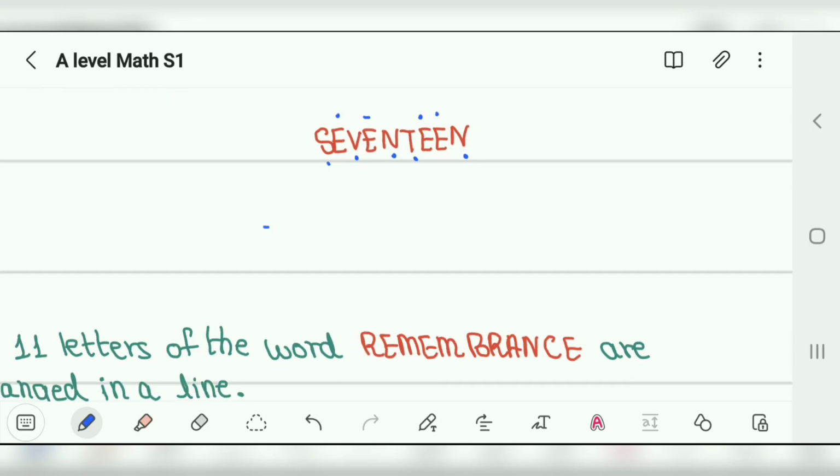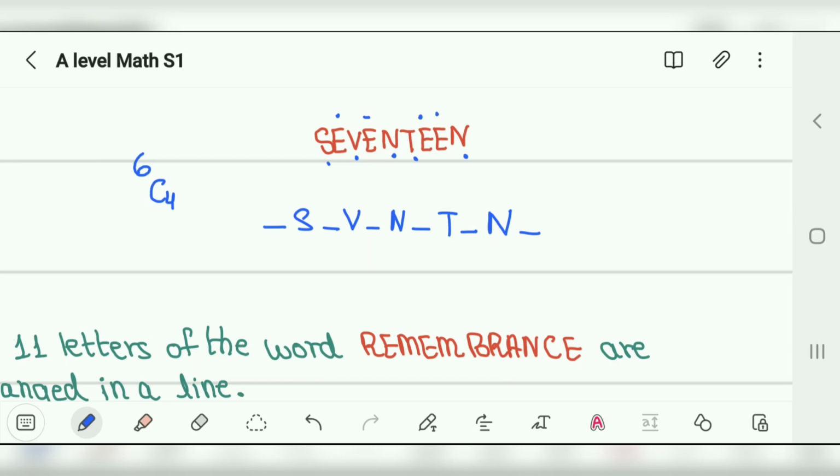So let's start giving gaps. V, N, T, N, and there you go. There are gaps: 1, 2, 3, 4, 5, 6. 6 gaps, and we have 4 E's. So first of all, we're going to choose any 4 gaps out of 6, 6C4.